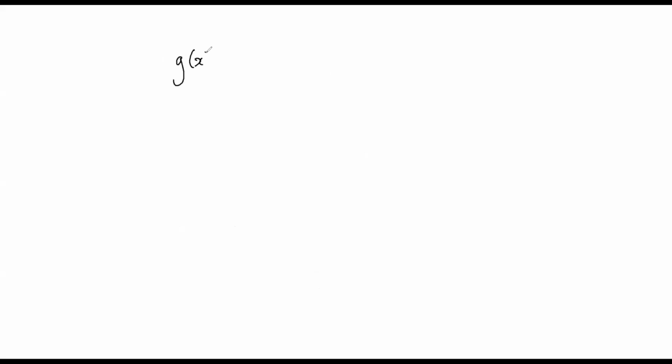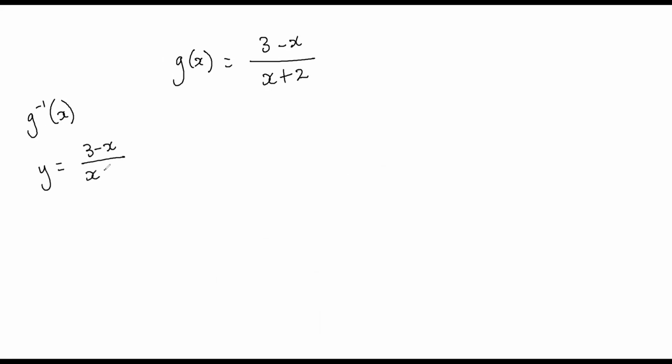So let's say we have g of x equals 3 minus x over x plus 2. So the signs are gonna be the same. y equals 3 minus x over x plus 2, which is now x equals 3 minus y divided by y plus 2.